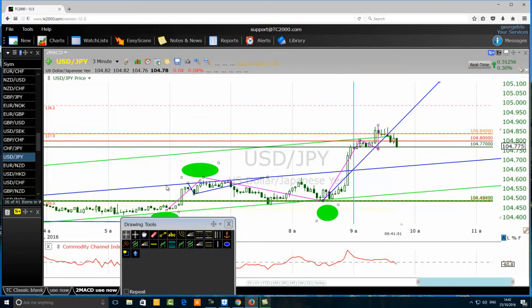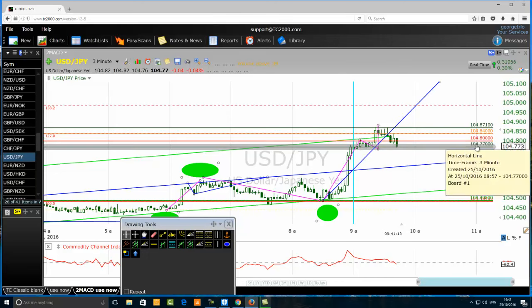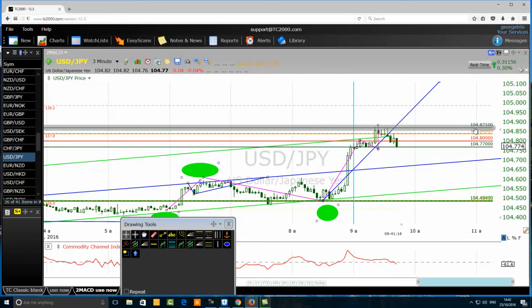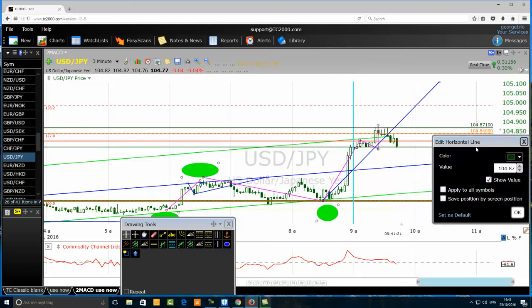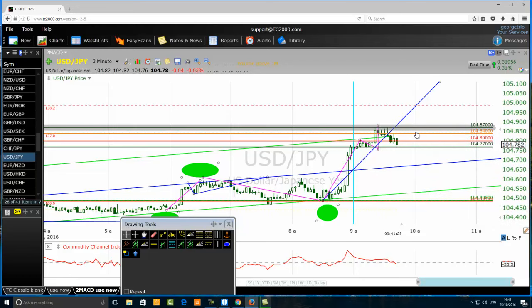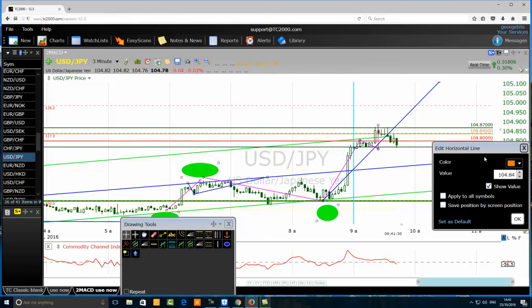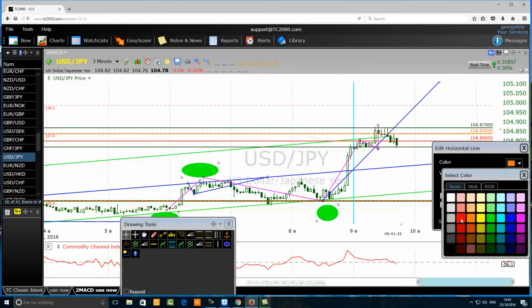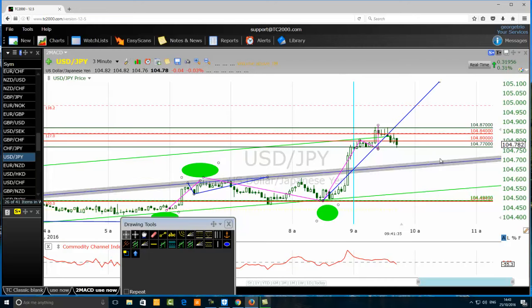Place my stop loss just a little bit higher, right here. 10 pips, that's a nice place to place my stop loss at 104.87. I want to color that red also. Boom, that's my stop loss.